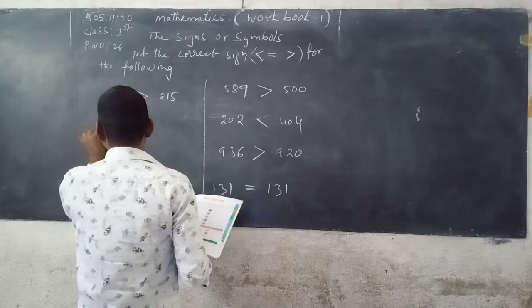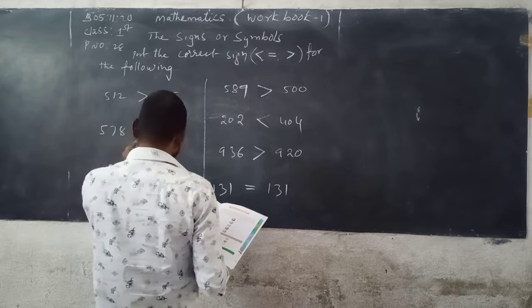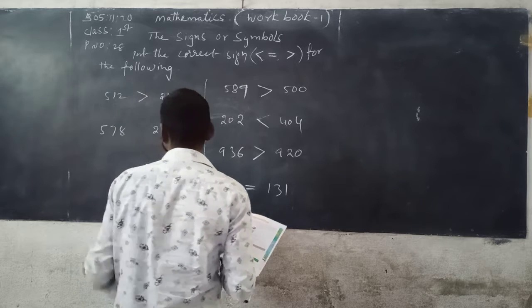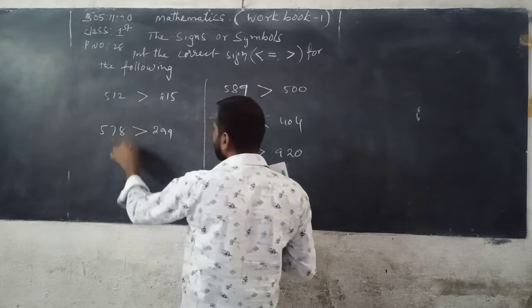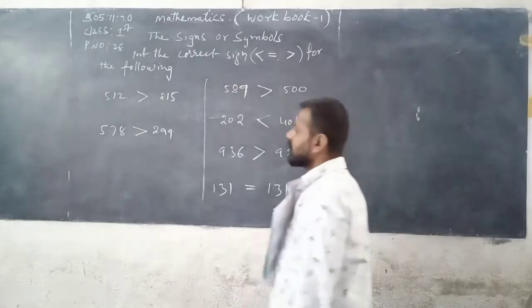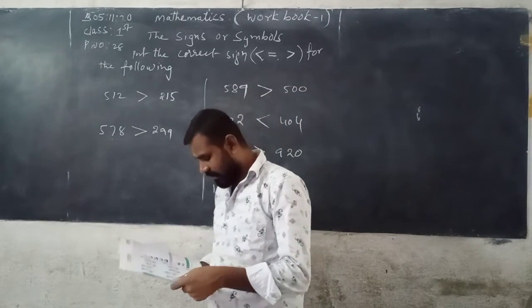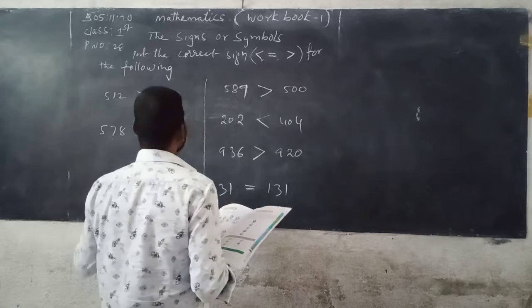Now the next one, 578 and 299. See here, 578 is a bigger number than 299, then you can use the greater than symbol, that is, 578 is greater than 299.